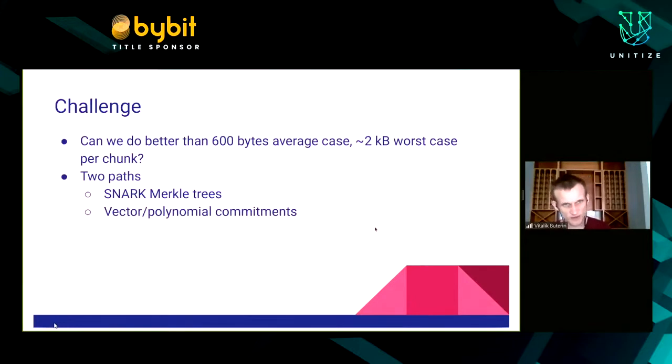The first path is fairly easy to explain. You imagine you have a witness that contains all of these Merkle branches, and you're just going to create a snark or a stark that proves that there exist Merkle branches for a bunch of values. So instead of providing Merkle branches directly, we provide a proof that these Merkle branches exist.